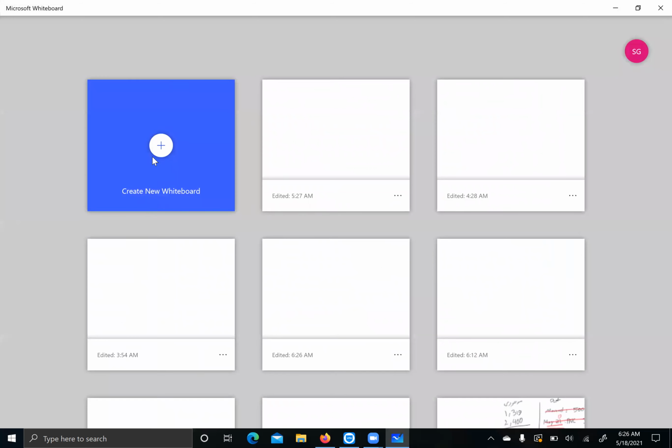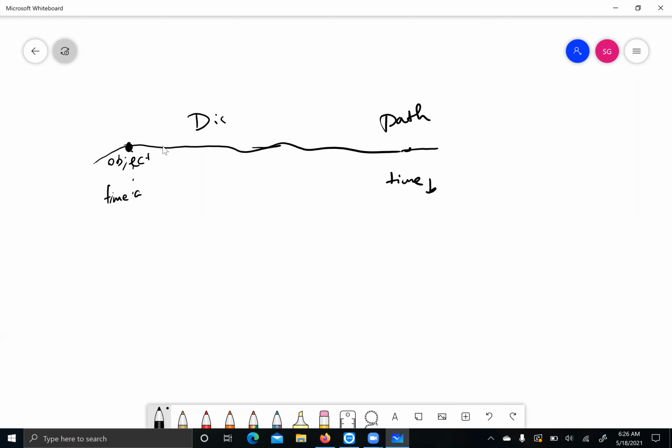In terms of application, if you have an object that is moving on some path, and you want to see the distance, let's say this is time A, and this is time B, and you are interested in the distance traveled by this object.